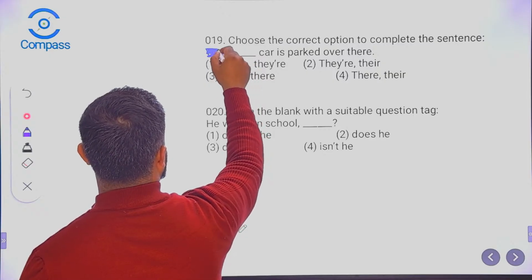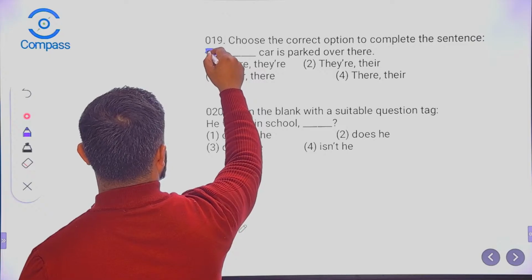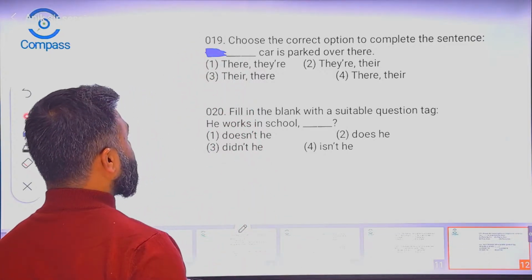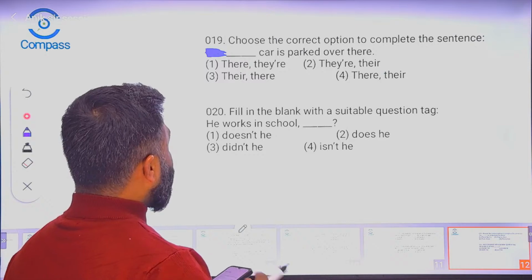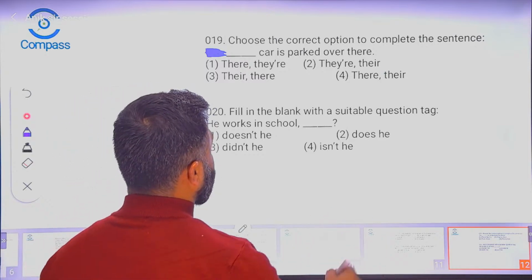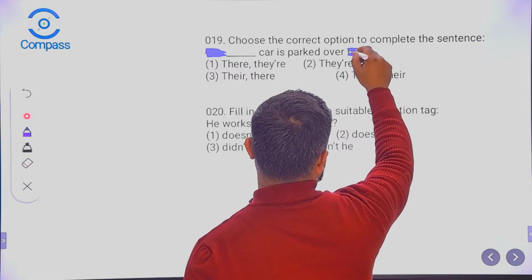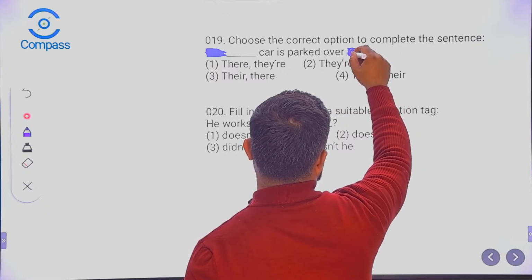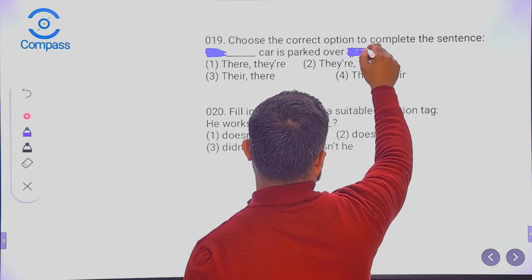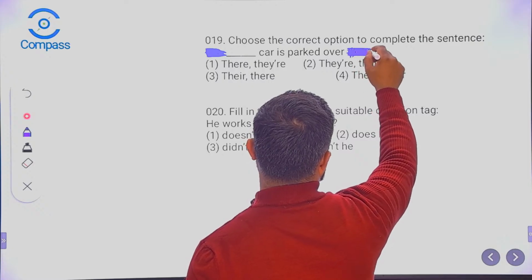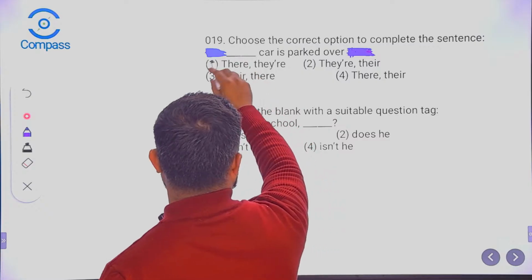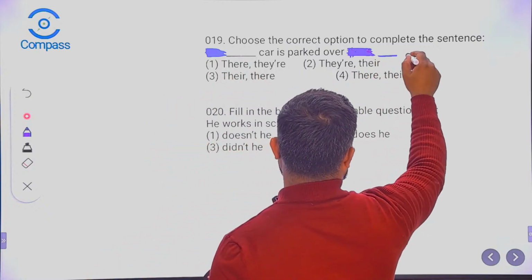Okay, I'm going to put a cut on it. Okay, all right. So dash car is parked, and then let's cut this as well. Okay, now there are two blanks, children. Okay, the first blank is this, and the second blank is here.